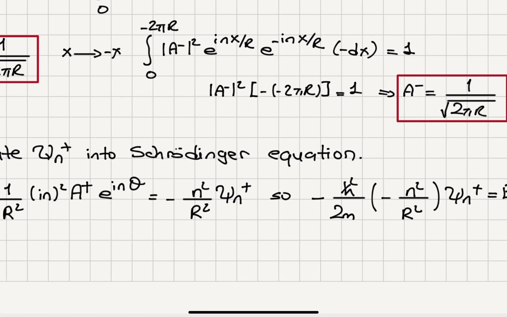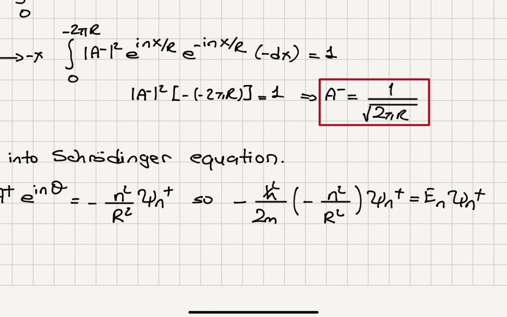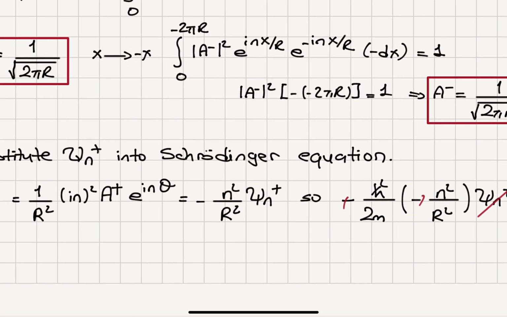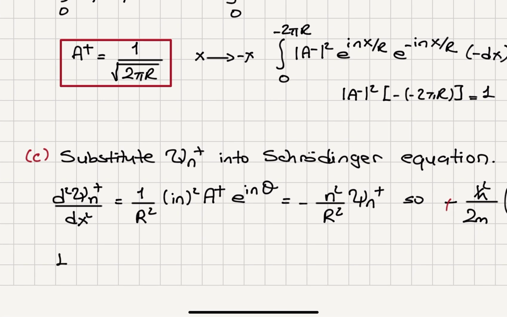So I calculate the energy levels because the minus signs disappear here. The wave functions will disappear from both sides. I obtain the energy levels. The energy levels are n square h bar square divided by 2m capital R square.